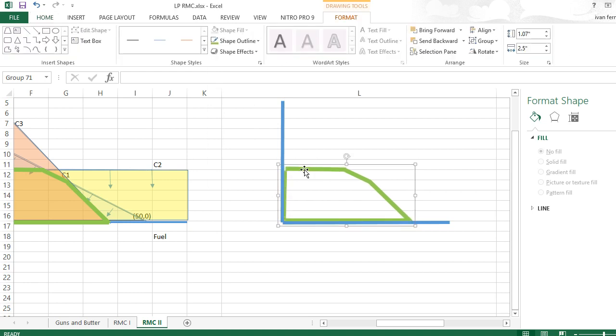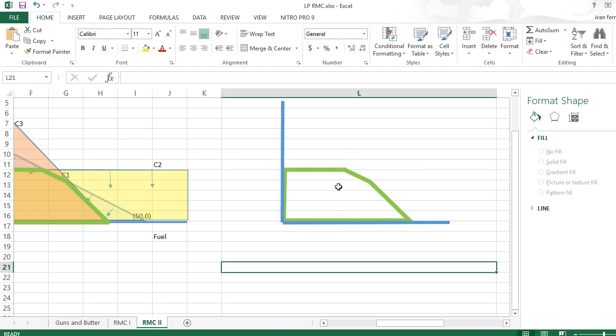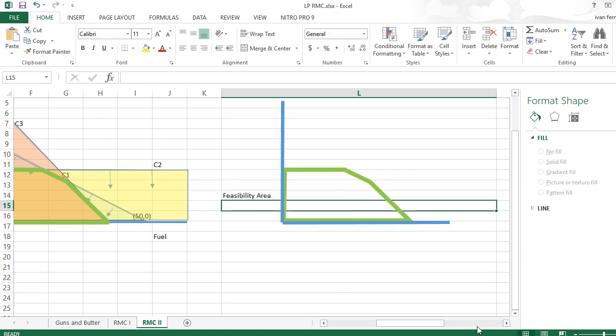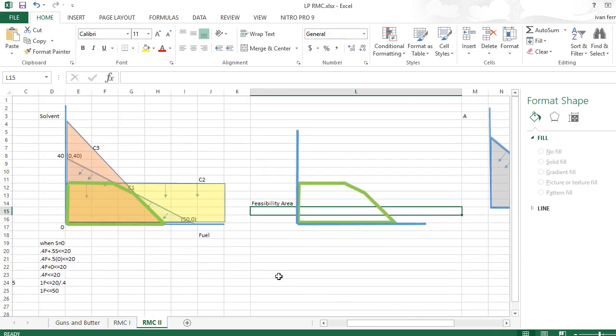All right, something like that. Okay, that is your feasibility area. All I did is I took it out of here and put it in a new chart so you can see it.